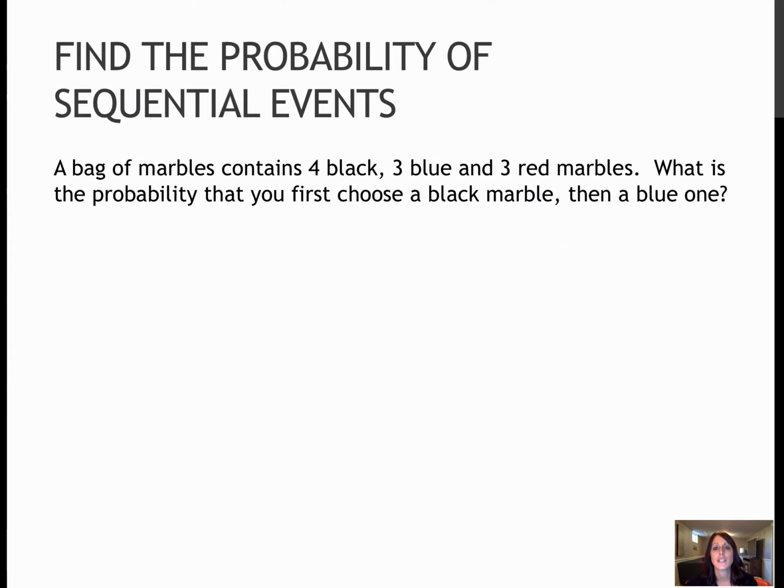Now, this is a different question than what we just did, because what we just did were independent events, and these are called dependent events. They are dependent because I have a bag of marbles and I'm going to take out the black marble, which means the second time I choose a marble, there are no longer the same number of marbles in the bag.